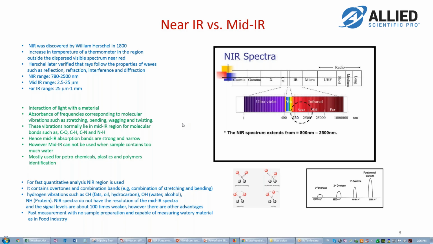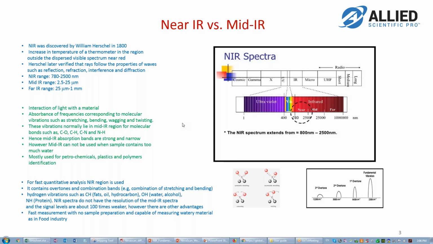Mid-IR, however, has certain disadvantages because water absorbs very strongly in mid-IR. And if your sample has water in it, the absorption by water could swamp out the absorption from other ingredients.